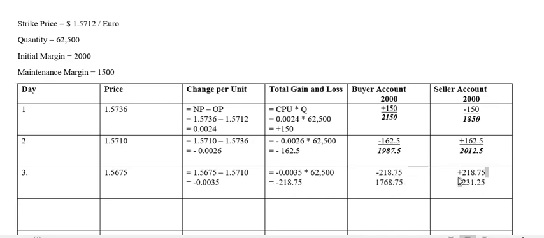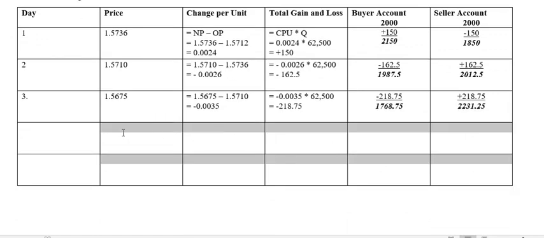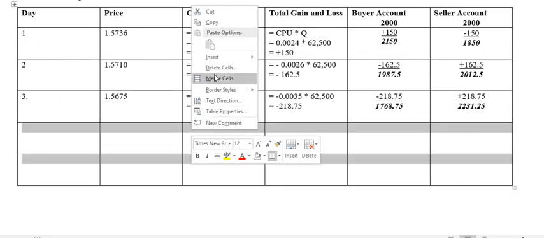I'm going to underline the change and then bold the balances. Now this is the end of the third day adjustment, so we do not need this portion. I can delete it, and that's it.